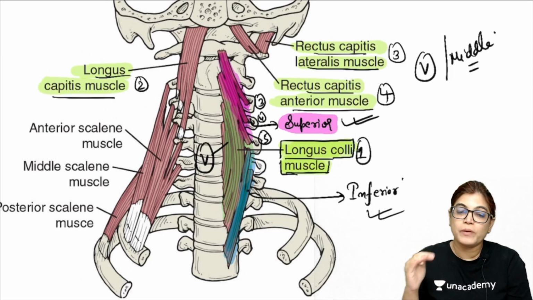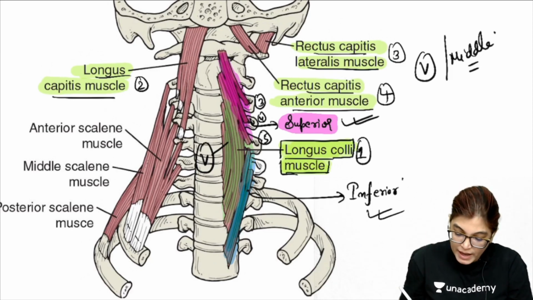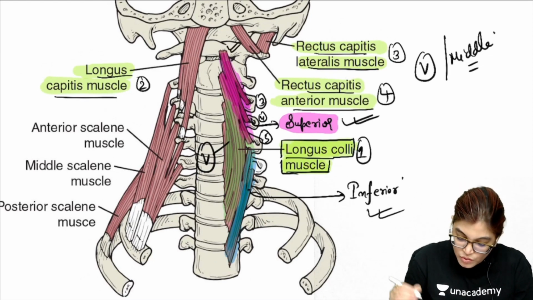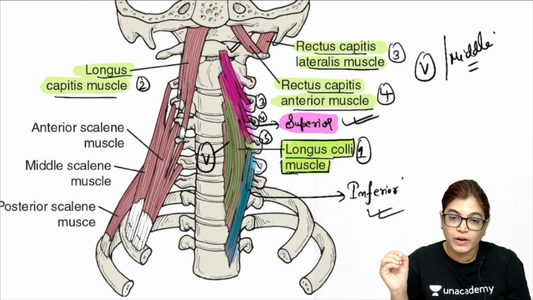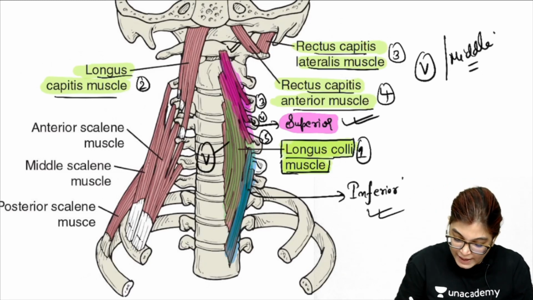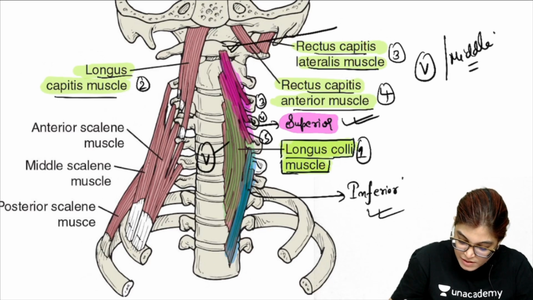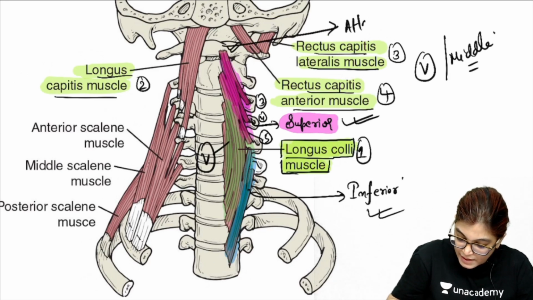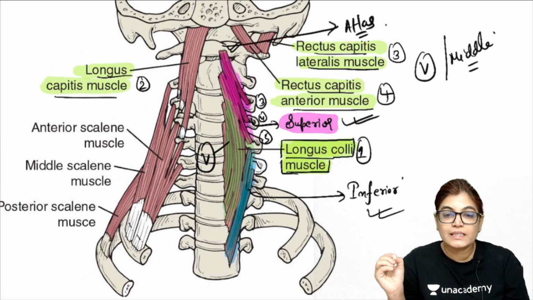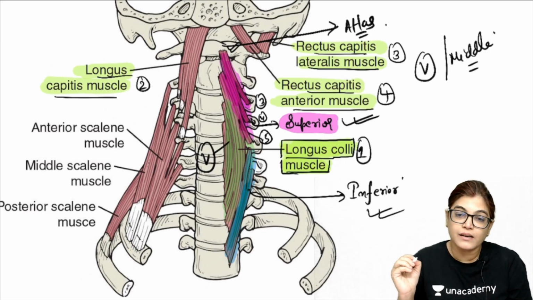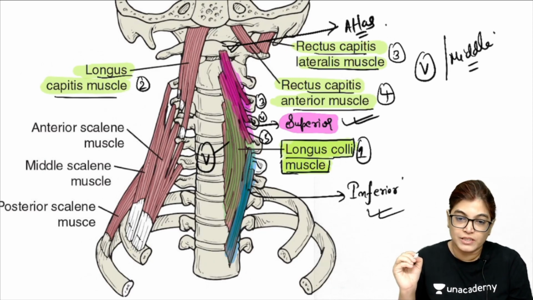The direction of the superior fibers is ascending upward and getting attached to the anterior arch of the atlas. This is the atlas cervical vertebra, so it is attaching onto the anterior arch of the atlas.